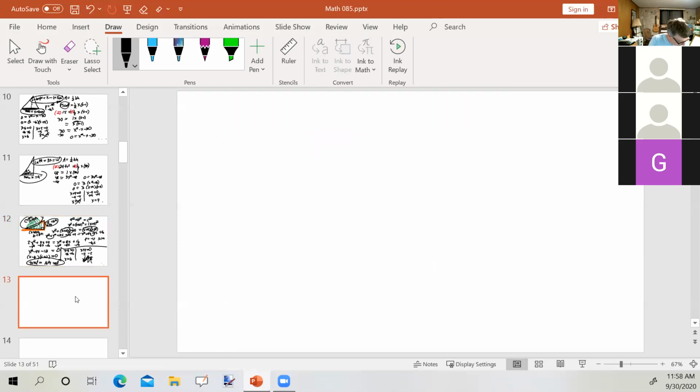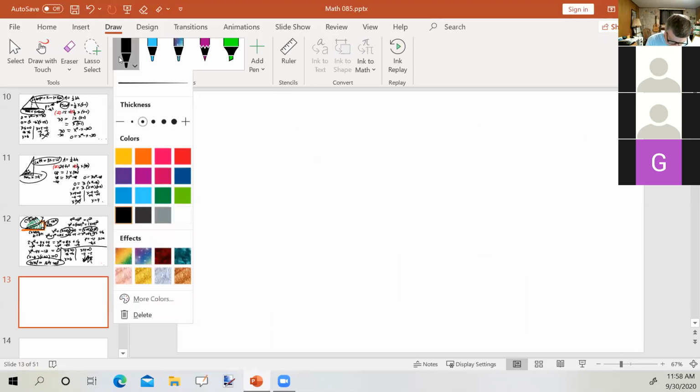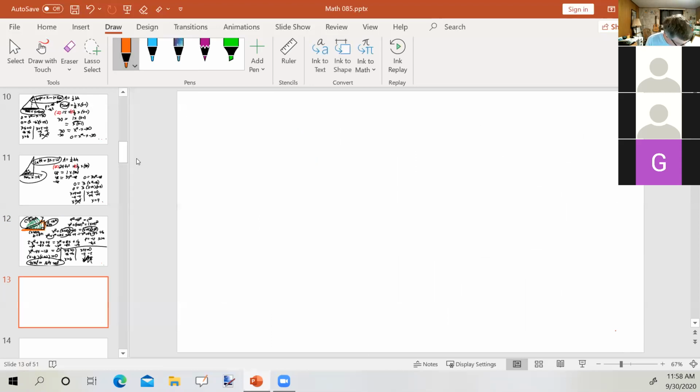Let's see here. All right, this says Moto X. We've got a skateboarder, and there's this ramp, and it comes up like that. And then there's this landing ramp.